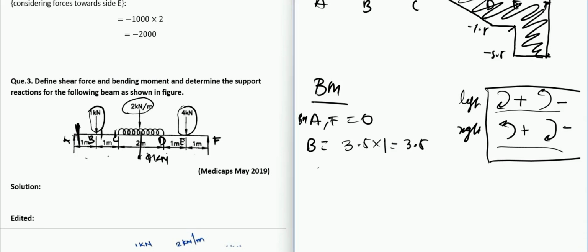Let's say now I am calculating at C. There will be two forces, at A and minus 1 at B. So just multiply the force at A into the perpendicular distance.